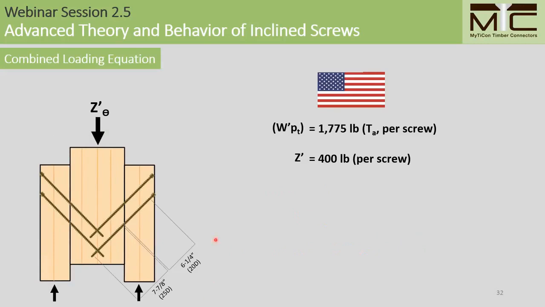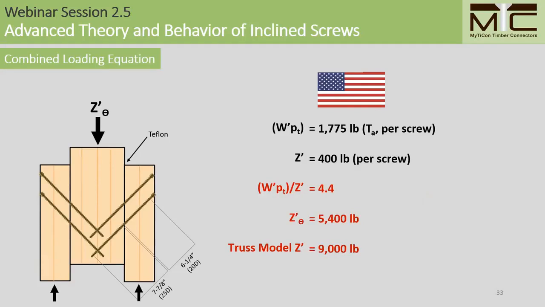For this specimen, where we have 20D thread penetration in the side member, we have an allowable tensile strength of 1,775 pounds per screw. And for the short-term adjusted lateral design value, we have 400 pounds per screw. So you notice that this is the same as it was with the previous specimen, and this makes sense because we remember that lateral connection strength is maxed out theoretically at 7D penetration.